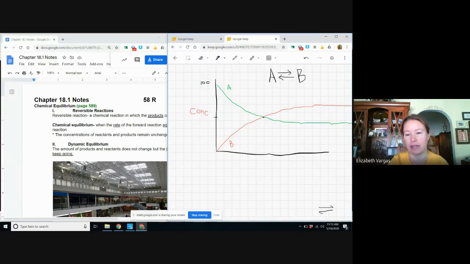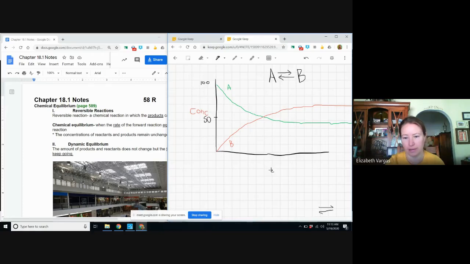So they're going to be present in equal amounts. So for this one, if I start with 100 and they're equal, then they have to be 50, 50, because there's going to be 100 atoms in total. So that 50 point is just kind of a random spot where they happen to be equal, but this is not equilibrium.